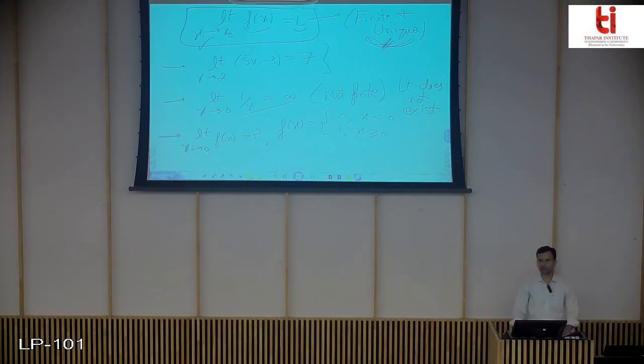You have to find the limit of this function. Clearly you can see here, as you approach 0 from the left hand side, the limit comes out to be 0, and as you approach from the right hand side, from the positive side, the value of the limit comes out to be 1. That is not unique.